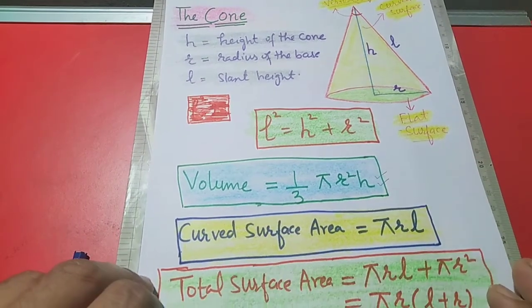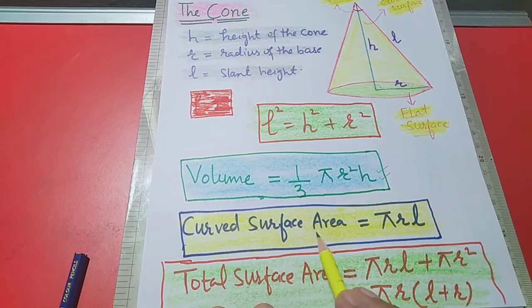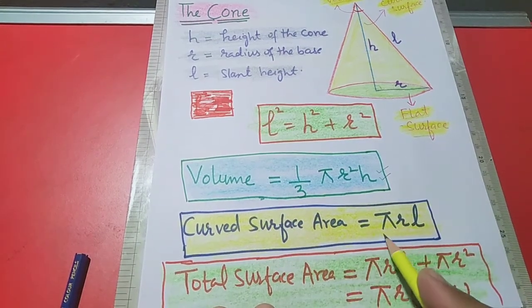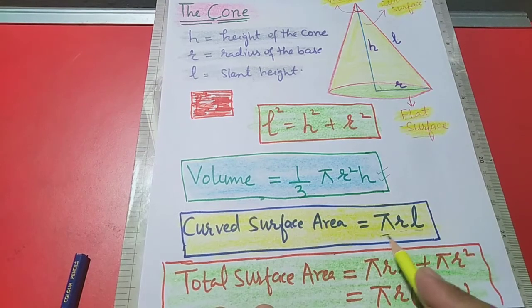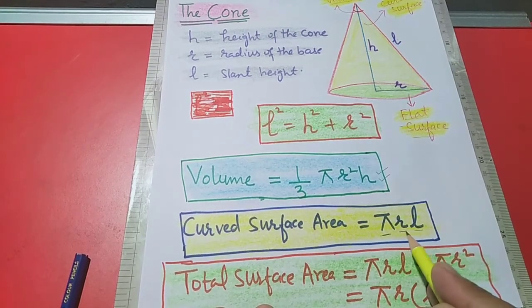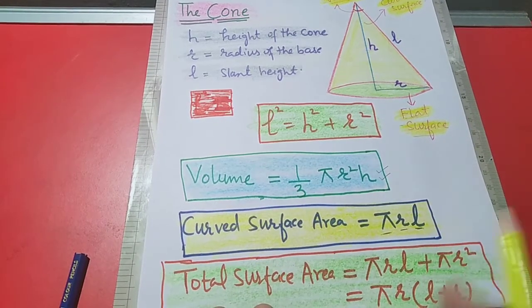Now because the cone has one curved surface, the formula of curved surface area is pi r into L. It means to find the curved surface area, we must know the value of r and the value of slant height L.